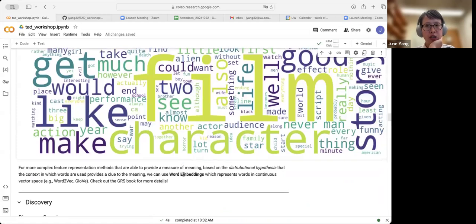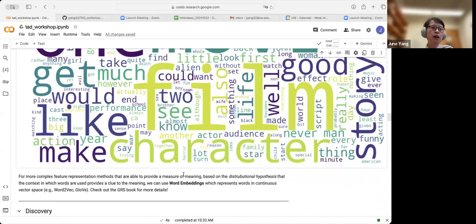As I have mentioned, there are definitely more advanced ways to represent text, right? Instead of representing each word or each term as a number, we might choose to represent each term as a low-dimensional vector. And we might also perform part of speech tagging based on the nature of the word or its functionalities.